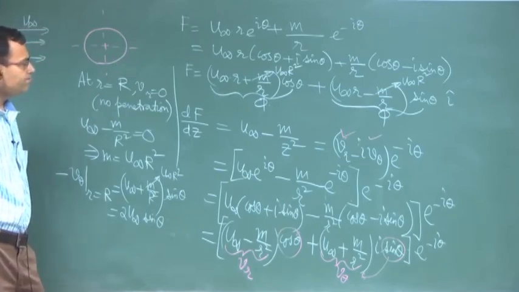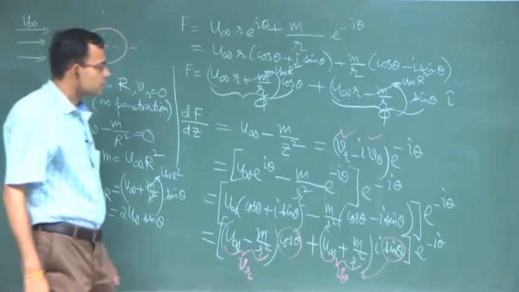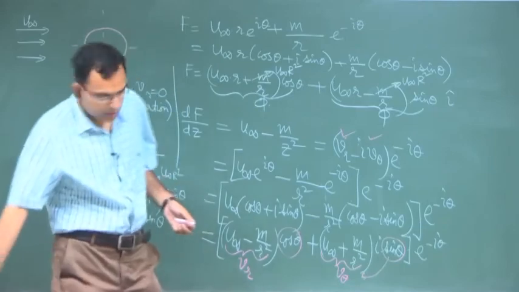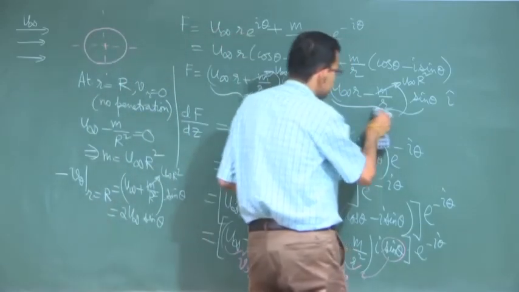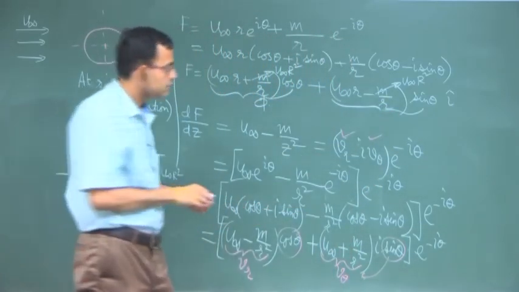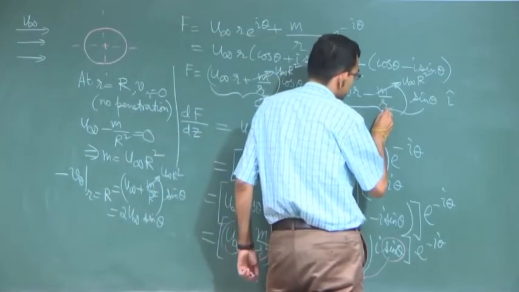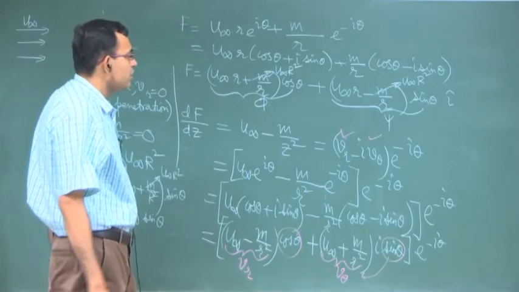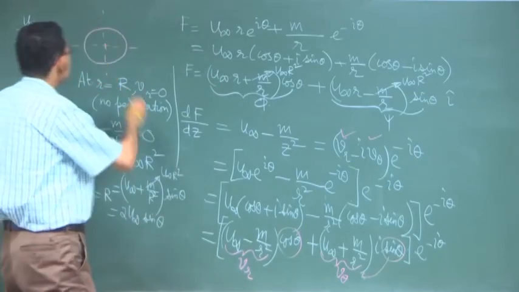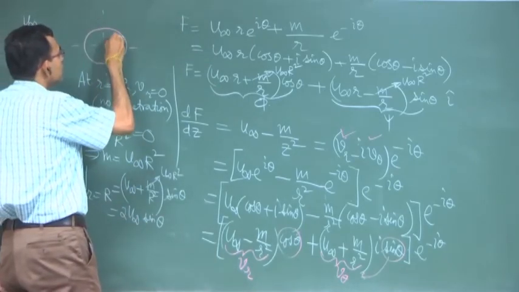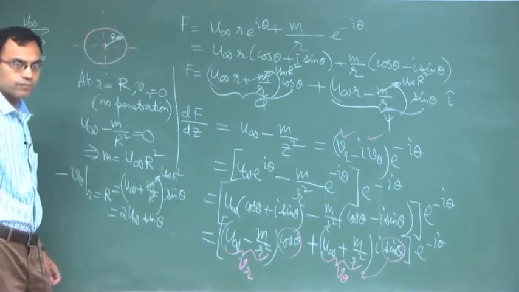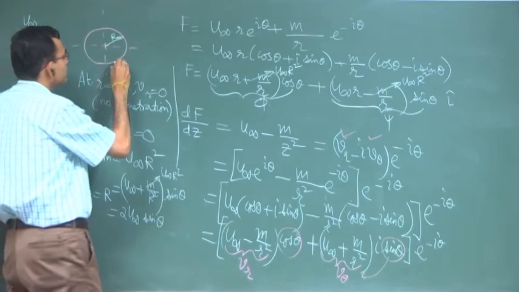So this is psi, right, not phi. When small r is equal to capital R, psi is equal to 0. So, this is itself a streamline with psi equal to 0.